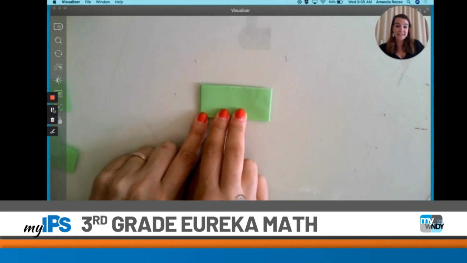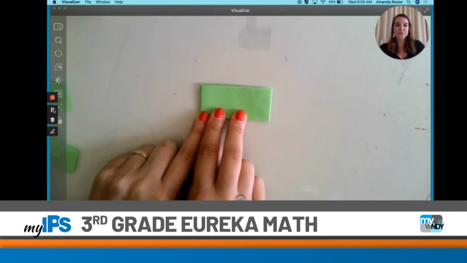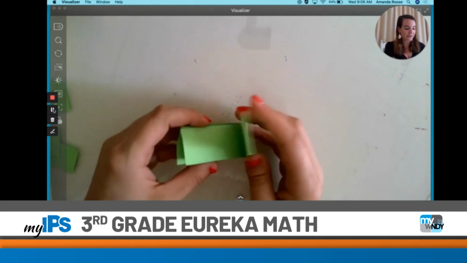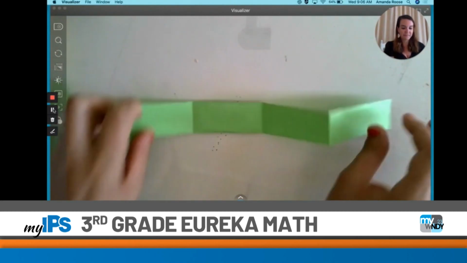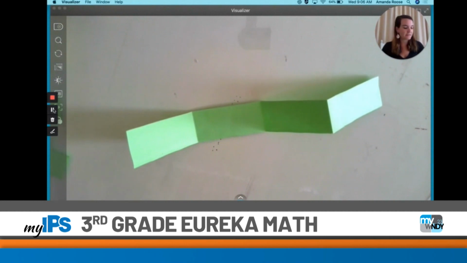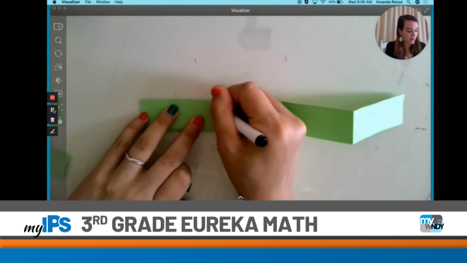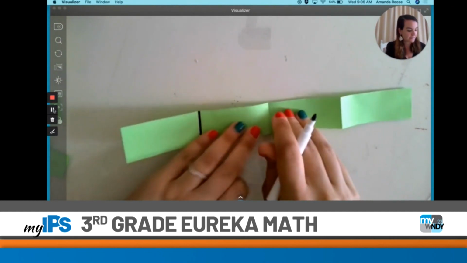Pretend you have a classmate near you, and I want you to whisper how many equal parts you think we made now. Let's see if you're right. Let's open up our strip, and let's take our pencil and draw on those folded lines.